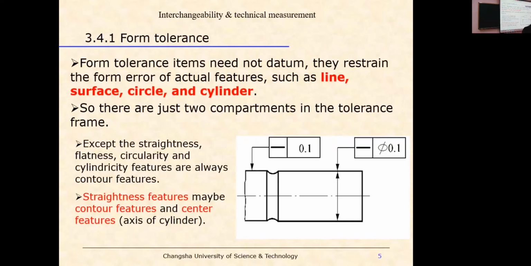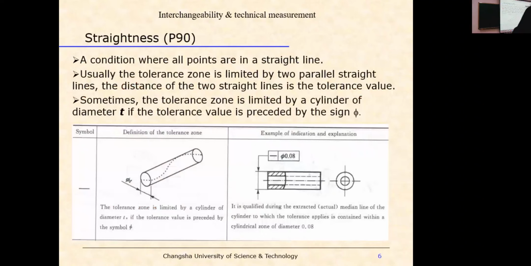So straightness features may be contour features and center features, the axis of the cylinder. Like the center features will have the phi. Okay, this is very important. So straightness means a condition where all points are in a straight line.